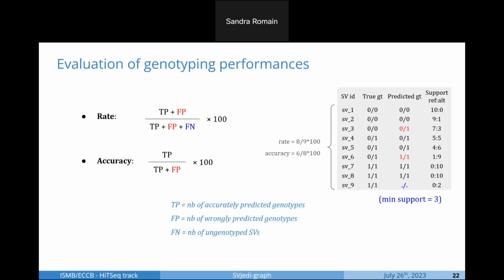We use this parameter because in our method, we require that an SV has a minimum support count of 3 supporting alignments in order to predict its genotype. And then the second parameter we use is the genotyping accuracy, which is the percentage of correctly predicted genotypes over all predicted genotypes.